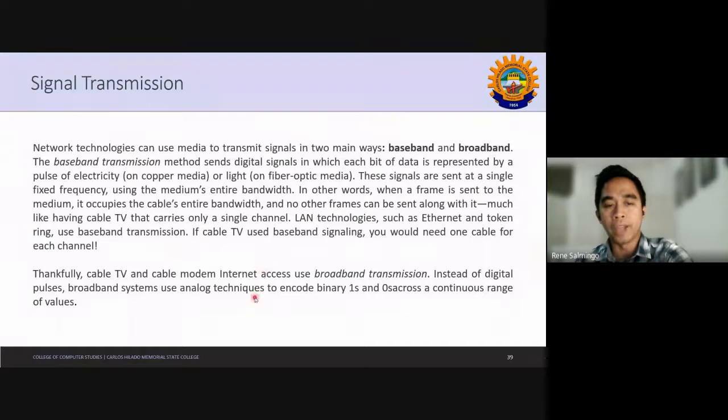Thankfully, now cable TV and cable modem Ethernet access use broadband transmission instead of digital pulses. Broadband systems use analog techniques to encode binary ones and zeros across a continuous range of values.